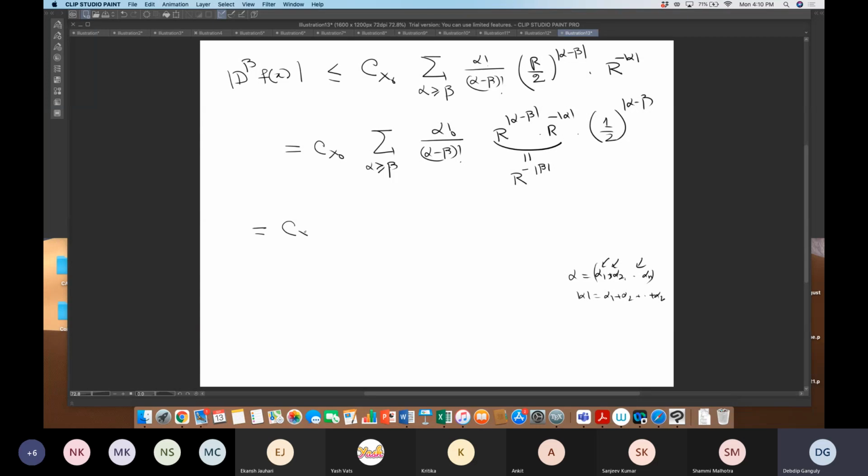So this is c x naught r to the power minus mod beta, summation over alpha greater than or equal to beta of alpha factorial by alpha minus beta factorial, and then I get half to the power mod alpha minus beta. Is that series convergent?